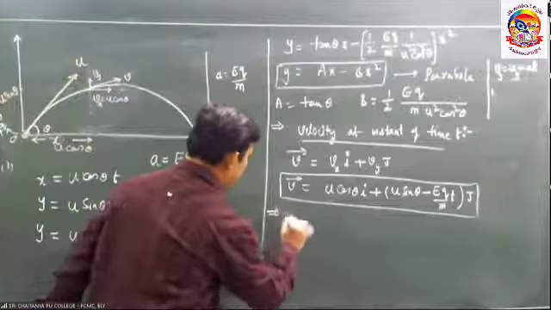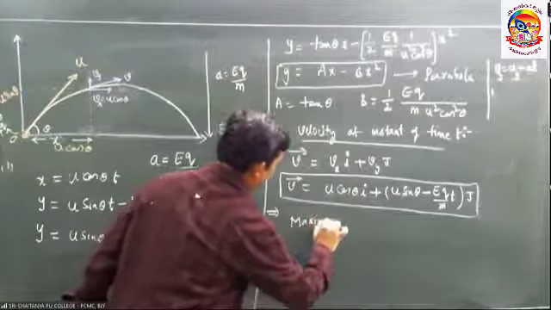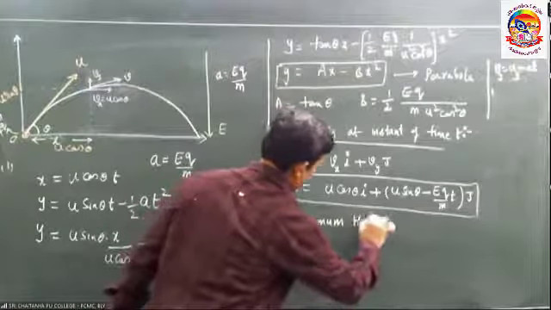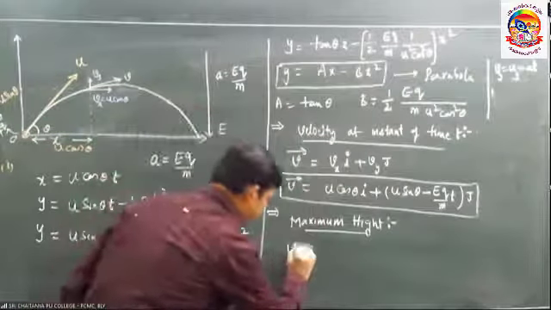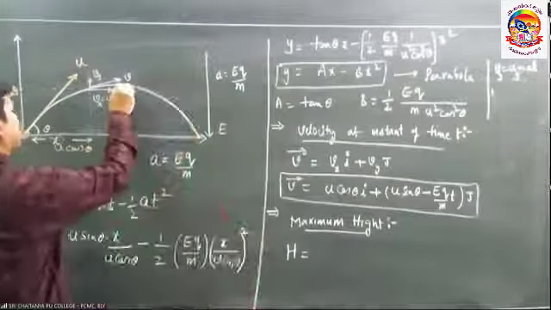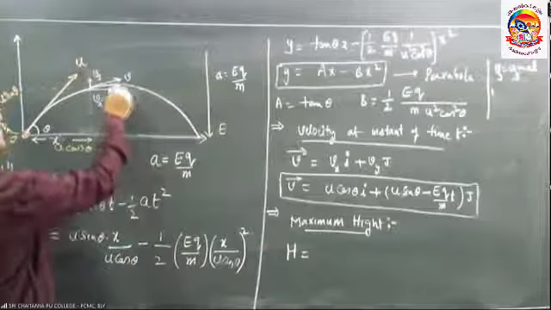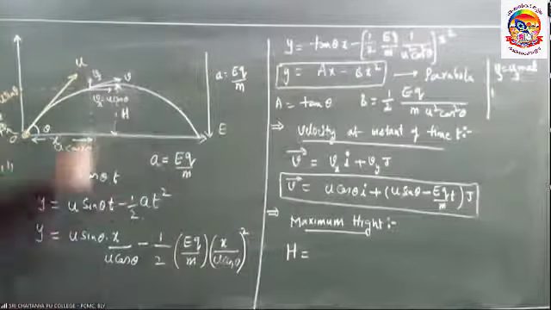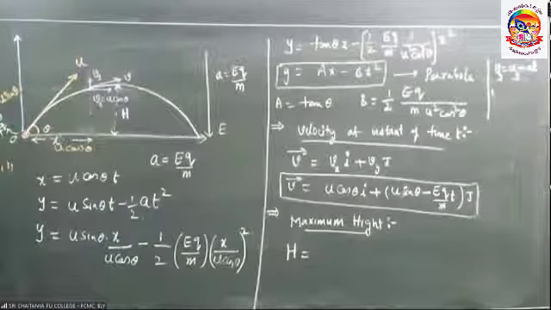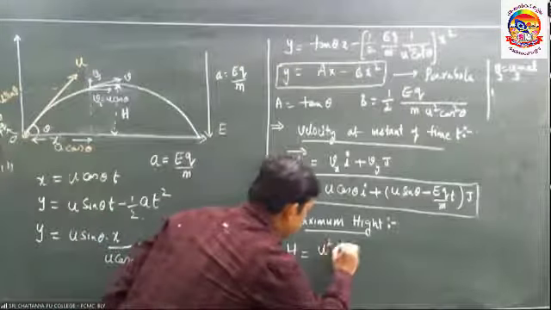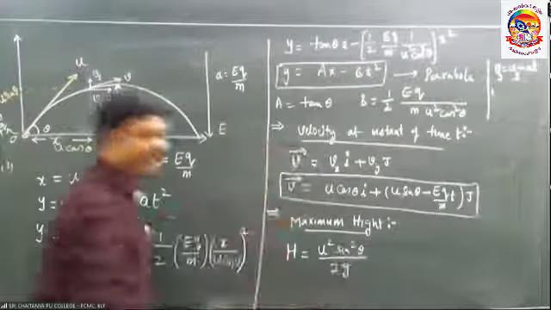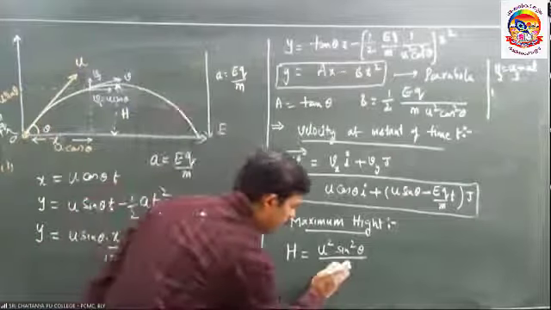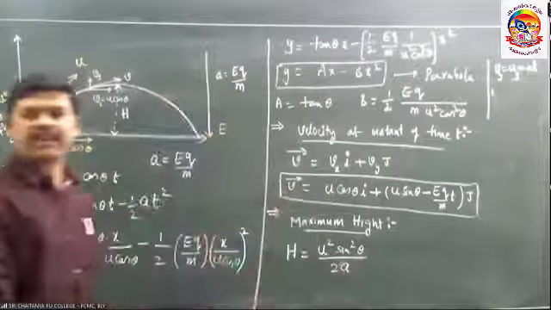Then, what is the maximum height reached? Recall from first year, maximum height reached h, from here to here, this is maximum height. What is the formula? U square sin square theta by 2g, when gravitational force is acting. Here, instead of g, a.